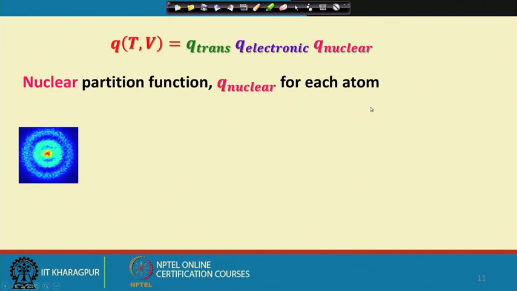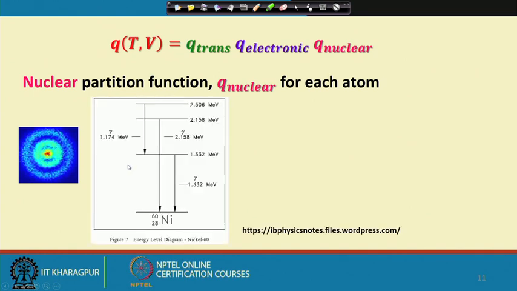So, how do we find the nuclear partition function for each atom? Once again we are looking at the microscopic structure within the atom, and we know that the nucleus is present at the center.